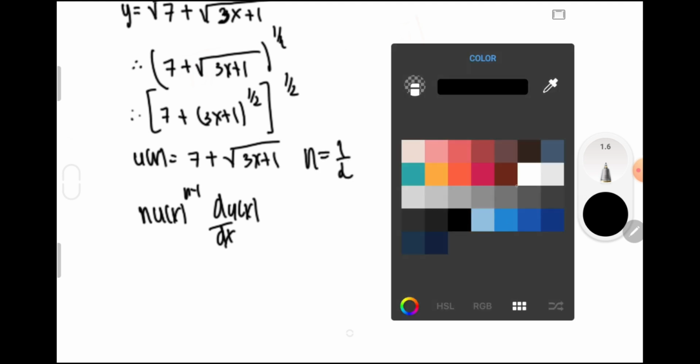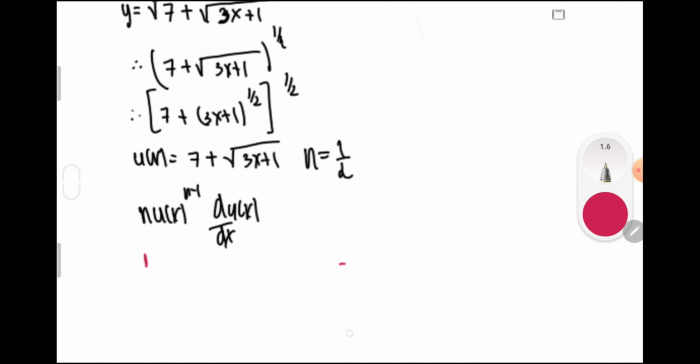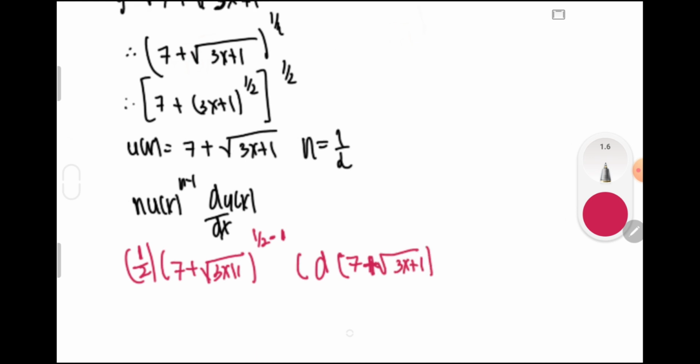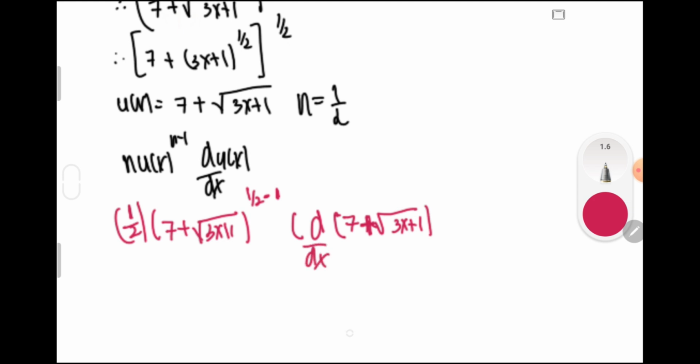From this, we'll have 1 half times u of x, which is 7 plus square root of 3x plus 1, raised to n minus 1, which is 1 half minus 1, multiplied by the derivative of our u of x, which is 7 plus square root of 3x plus 1. With respect to our dx, of course.